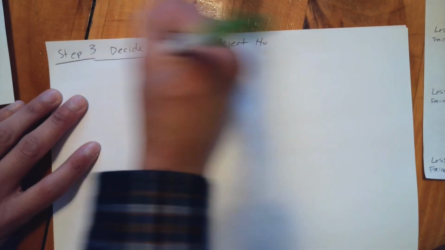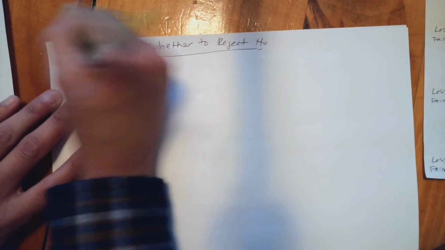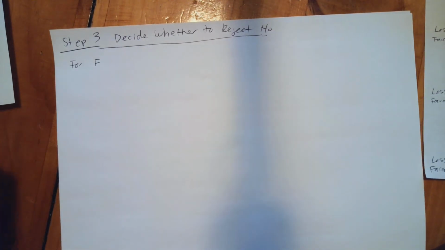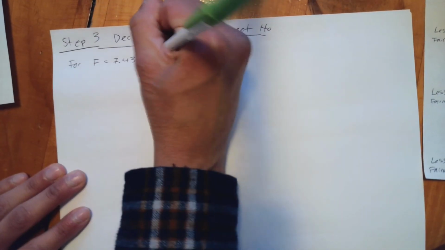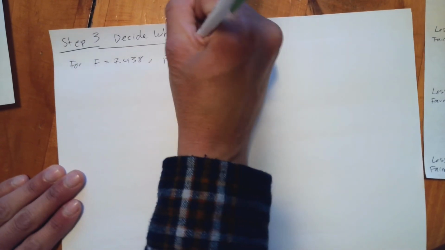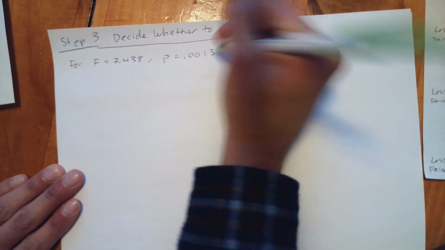And so for an F value of 7.438, p comes out to 0.0013.